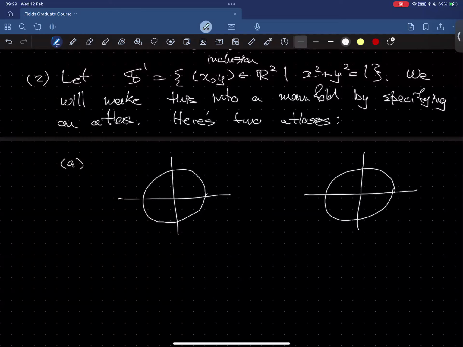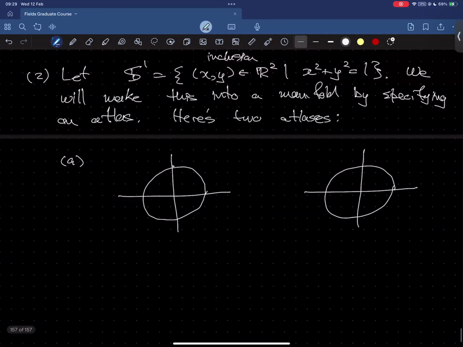And so here, the chart that I build, it takes the chart domain, first of all, it's going to omit this point. So the domain U phi1, because there's going to be two charts. U phi1 is everything except the point, so U phi1 is equal to S1, take away the point (0, -1).